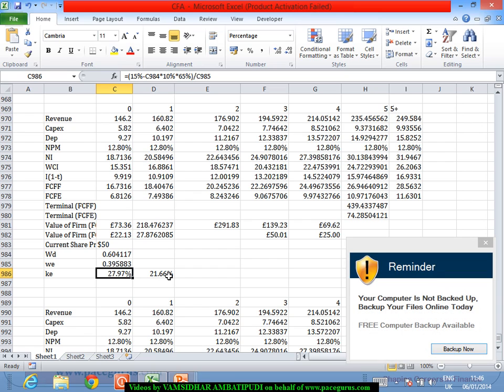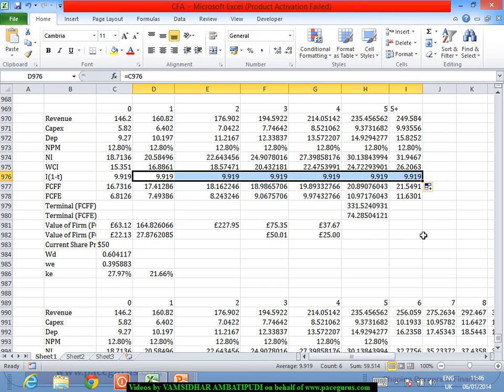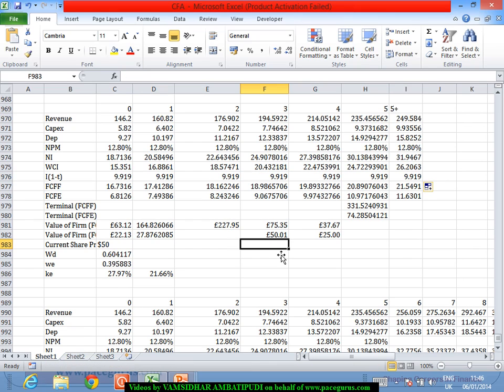We have to rework at that layer, but under the assumption that I don't change the interest at all, that the interest rate is constant across, the value of the firm is going to be this much.